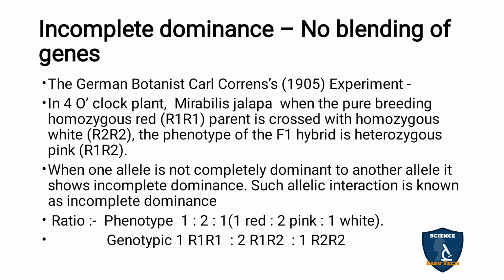A third student, whom nobody had expected, got the first mark. This example can be called incomplete dominance. We had expected one of the students who was first throughout the year, but in the board exam the third person came. That is the example I gave, and the ratio for incomplete dominance is 1:2:1.